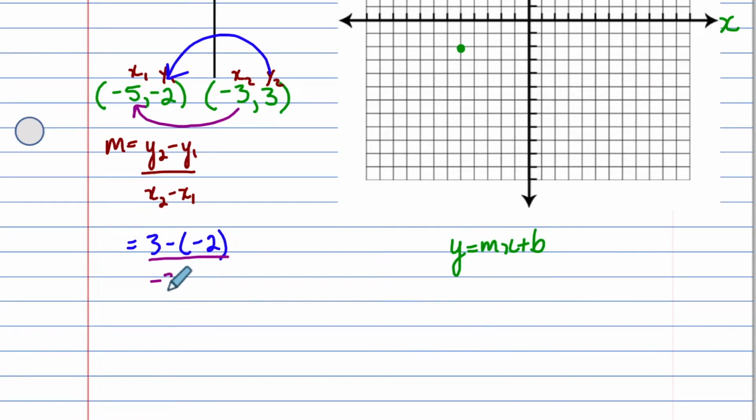You have a -3 subtract a -5. We have a 3 plus 2, because negative times negative is positive. And on the bottom, we have a -3 plus 5. The slope works out to be 5 over 2.